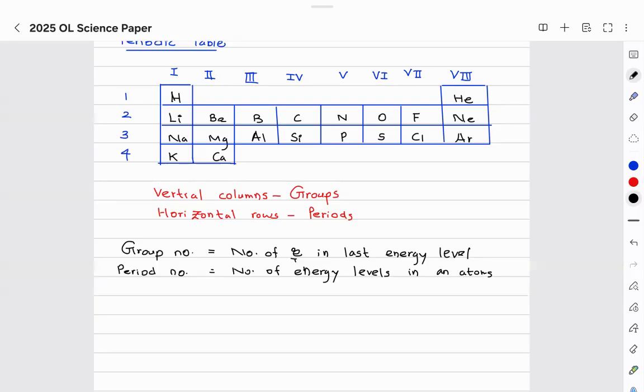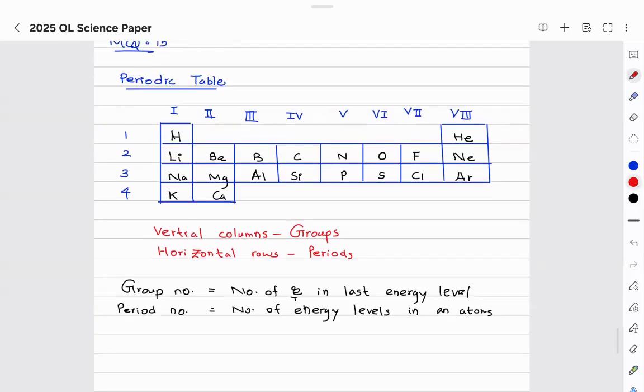Right. Then there are a few classifications you have to know. Look at this one. What are the noble gases in the periodic table that you learn here?